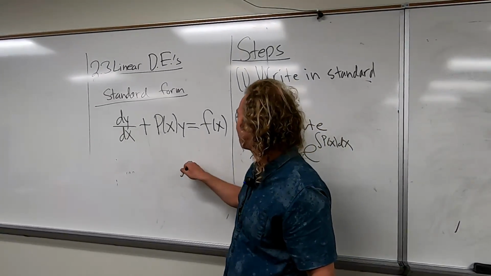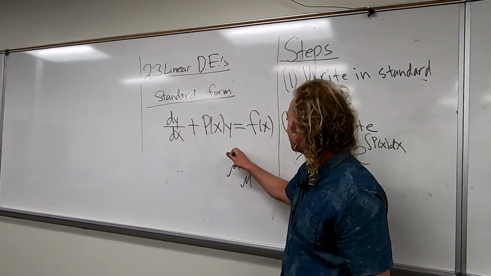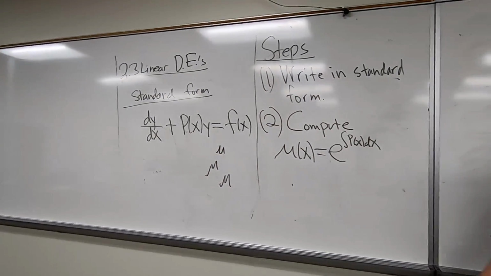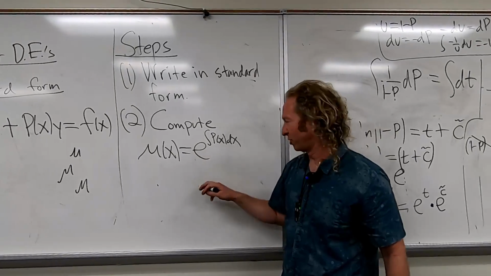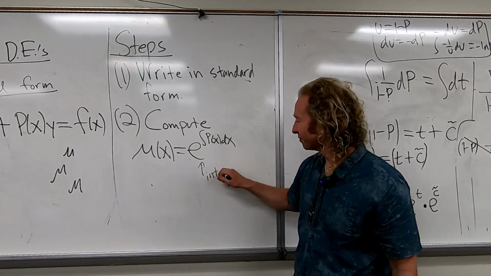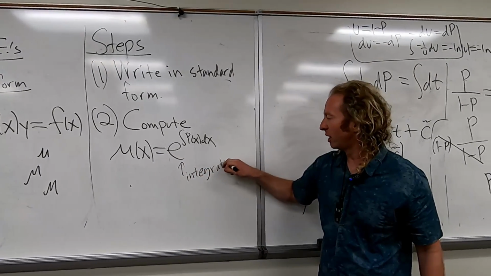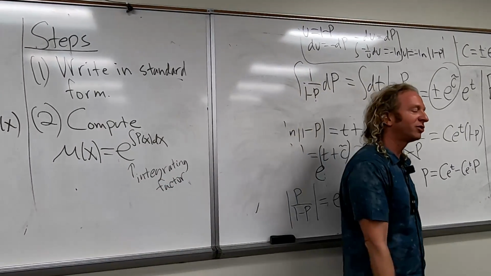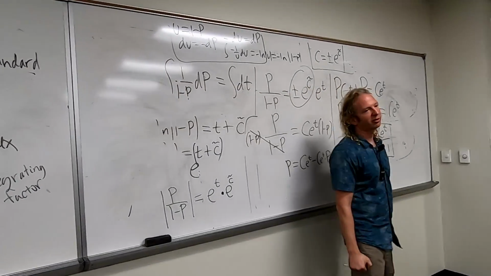Sometimes I'll write it like this, or like this. But when it's typed, it's like a fat, elegant mu. This has a name. This is called the integrating factor. It's called your integrating factor.